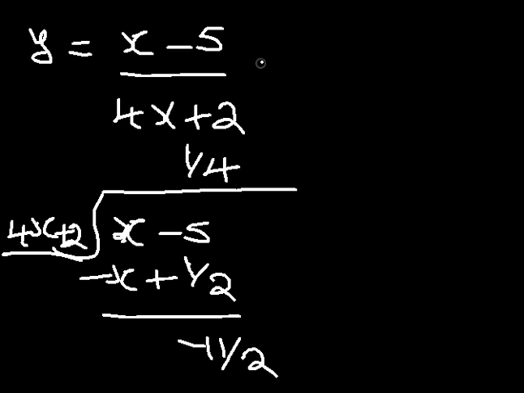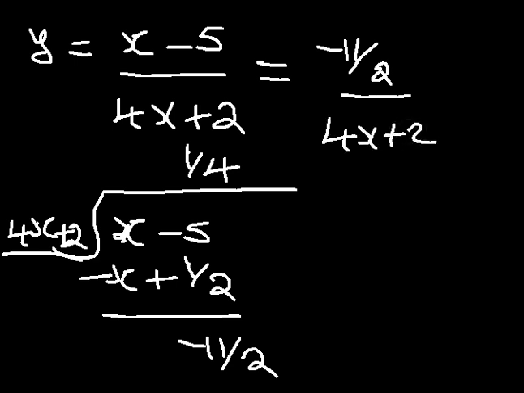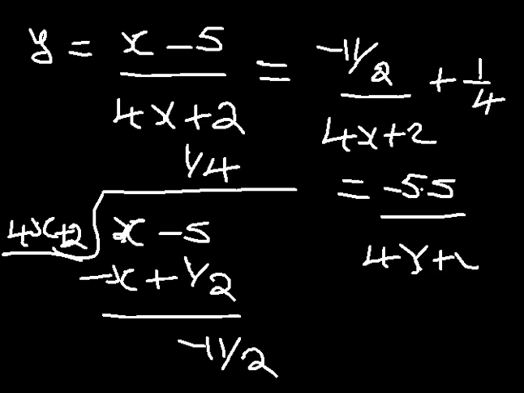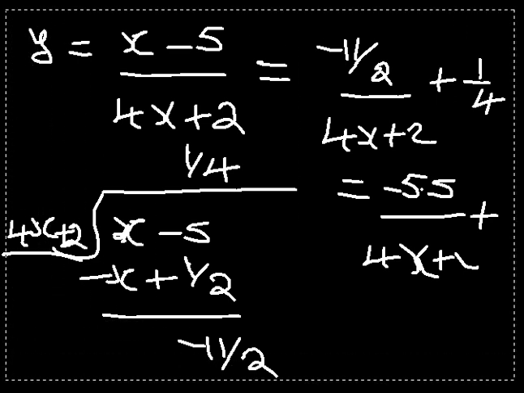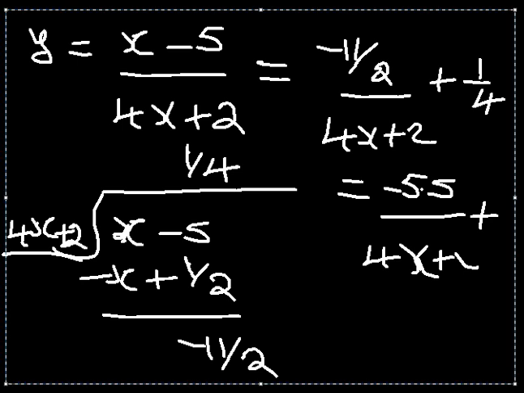So having this one, it is the same as negative 11 over 2 divided by 4x plus 2, plus 1 over 4. This is similar to calling it negative 5.5 over 4x plus 2, plus 1 over 4, which corresponds to 0 point something. Now you can come out with the graph of that one and identify the asymptotes and also the intercepts where necessary.